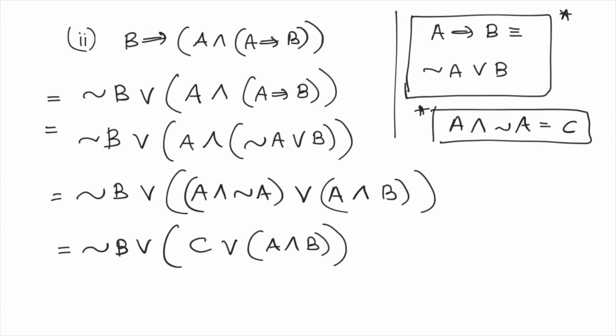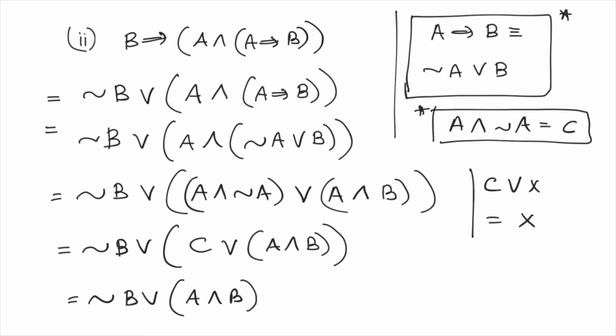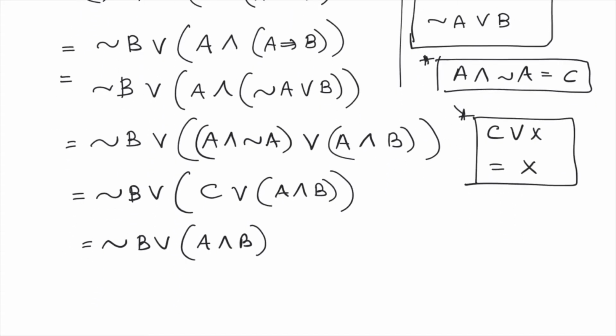Now C or with anything is going to give you that quantity. So this is negation B or with A and B. All right. So what we just saw is C or with some statement, say X, is equivalent to X. And this is one of the identity laws.